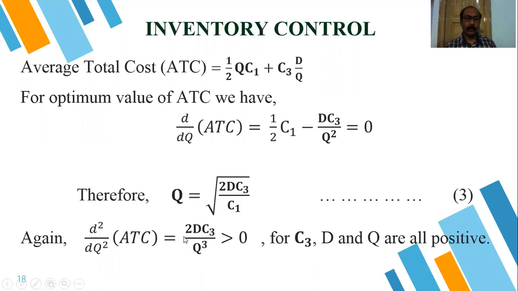So all are positive, that's why it is greater than 0, because D, C3 and Q all are positive. Since it is greater than 0, whatever value we got, Q equal to that gives the minimum value as per our definition or the properties of finding the maximum and minimum.